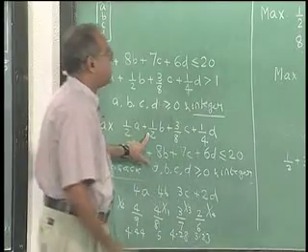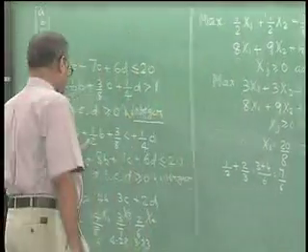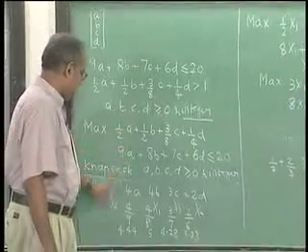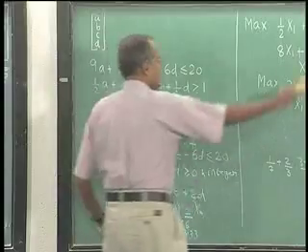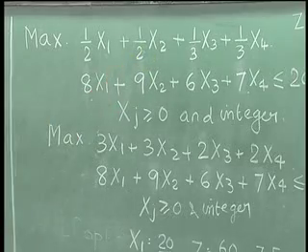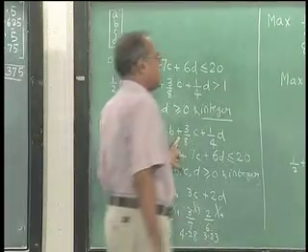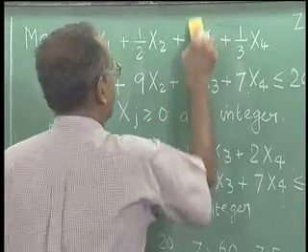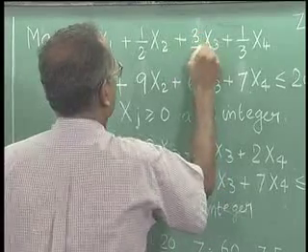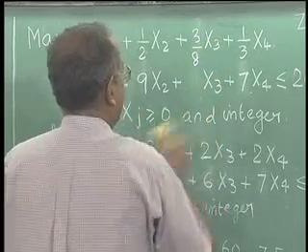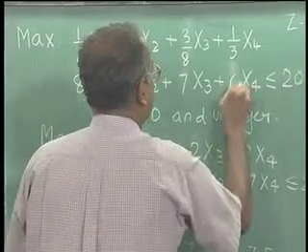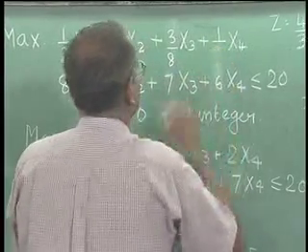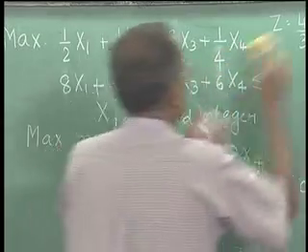So, this is half, so you get half x1. 9 corresponds to the variable x2, so you get half x2. 7 corresponds to the variable x3, so you get 3 by 8. Therefore, 6 corresponds to the variable x4, and you will get 1 by 4 x4. So, we do not need this.